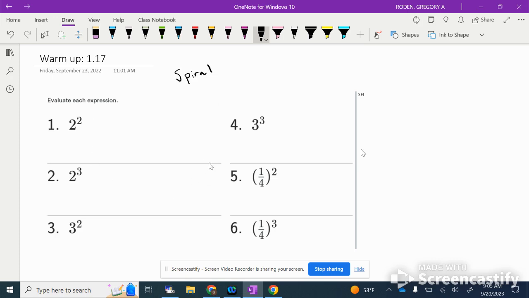We're going to go pretty quick with this just because we built our chart. I'll give my first period class about 2 minutes to copy them down, and then we'll do them together. If you're watching the video, you can copy them down also.